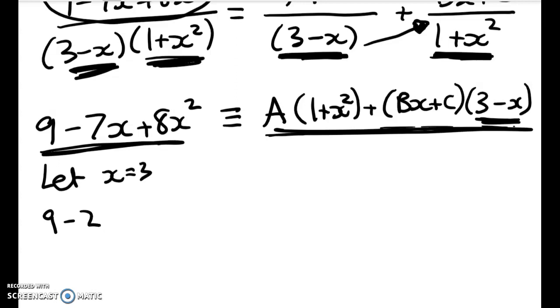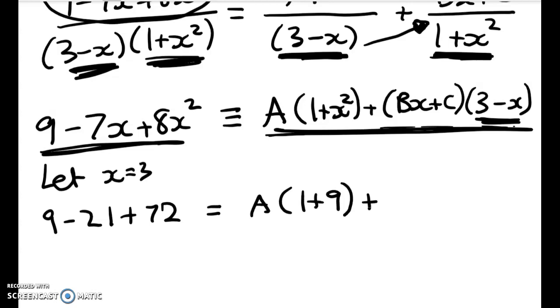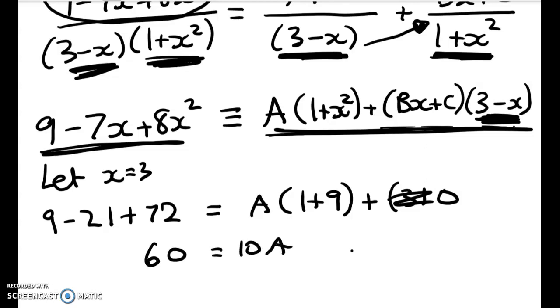So 9 minus 21 plus 8 nines are 72 is equal to A times (1 plus 9) plus 3B. Oh, of course we've got 0 here, plus 0, that's the whole point. So we've got 60 is equal to 10A, A must equal 6.